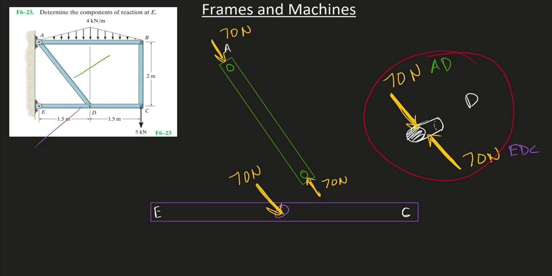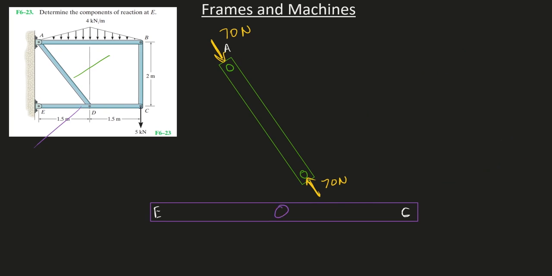I don't really need to go through these extra Newton's third law steps to figure out the effect on our purple member. So, rebooting this conversation, I can pretend that the green member and the purple member are in contact directly, and I don't need to think about that pin D.